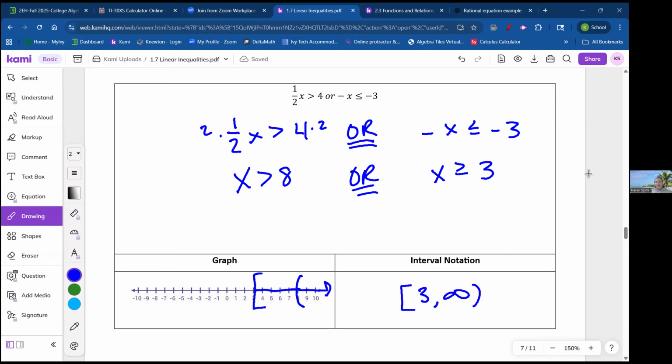The numbers 3, 4, 5, 6, 7, and 8 work for the right, but they do not work for the left. The numbers 9, 10, 11, 12, etc. work for the left and the right. But because it says or, it only has to work for one or the other. Okay? Questions, comments, concerns?